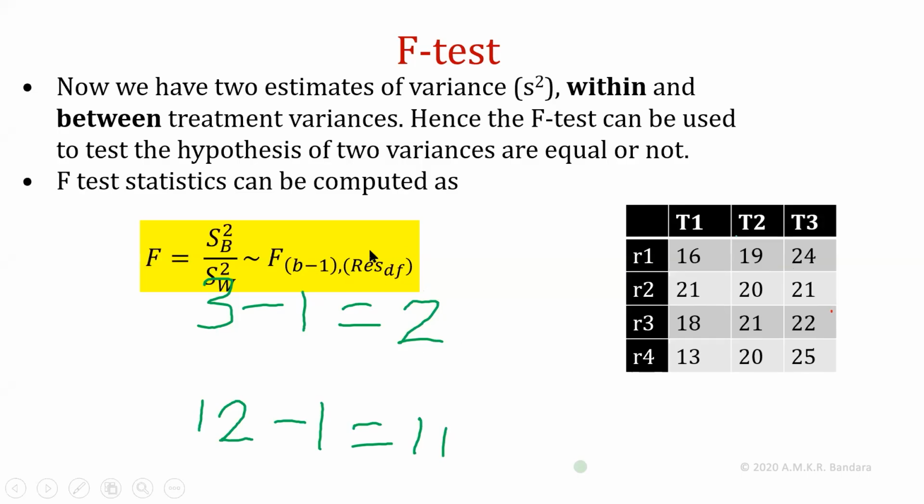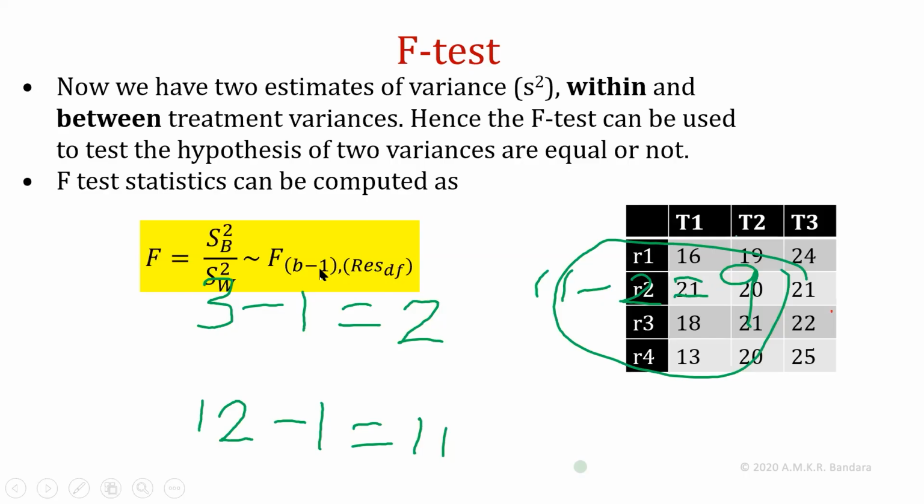Here what we need is the residual degrees of freedom, which is total degrees of freedom minus treatment degrees of freedom. So 11 minus 2 equal to 9 is the residual degrees of freedom.